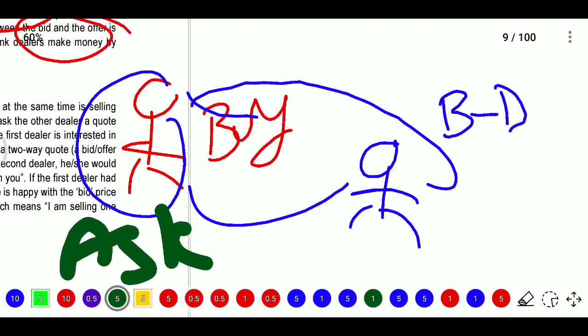And if the first dealer actually wanted to sell $1 million and is happy with the bid price given by the second dealer, he or she would convey "one yours", meaning I am selling $1 million to you. So when he is buying it is "one mine", and when he is selling it is "one yours".